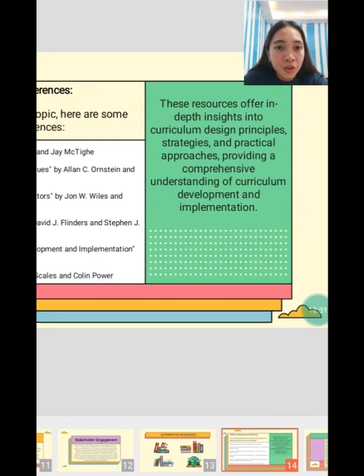These resources offer in-depth insights into curriculum design principles, strategies, and practical approaches, providing a comprehensive understanding of curriculum development and implementation.